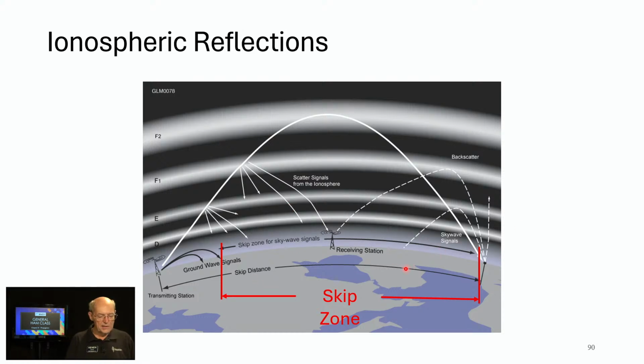So it's ways that we can get into the skip zone, but they're kind of unpredictable. It's like there's little clouds of electrons that form in the E layer. Nobody really knows why, but when they do, that can cause the E scatter effect.